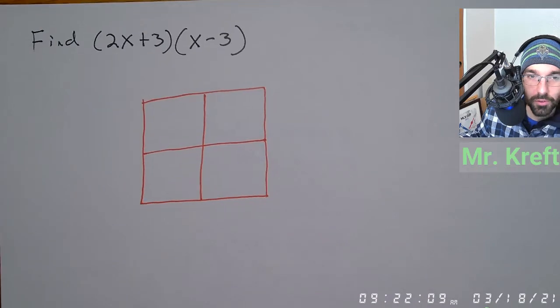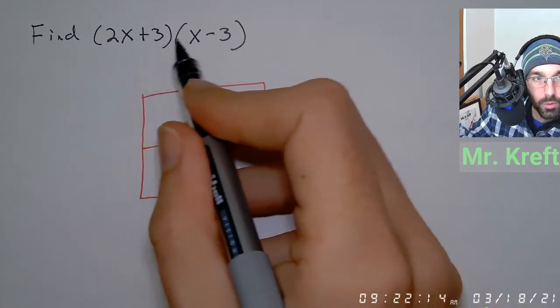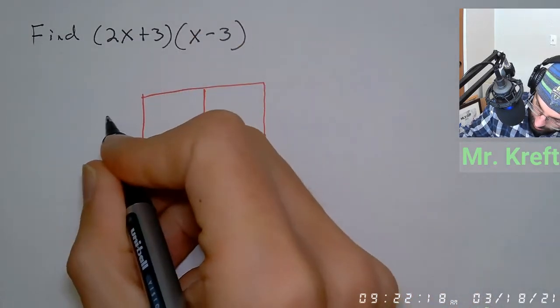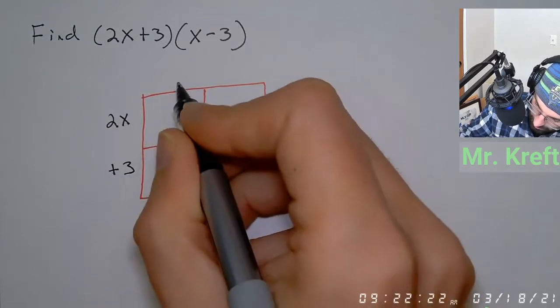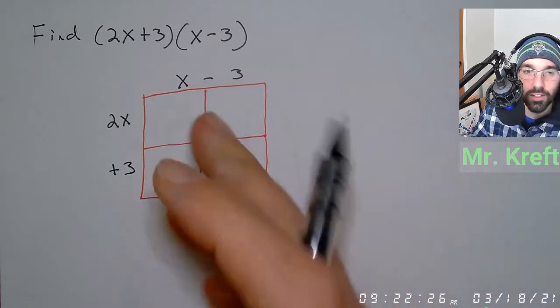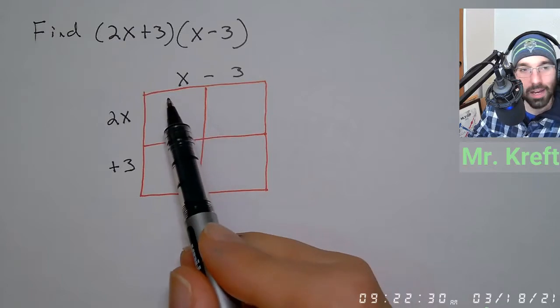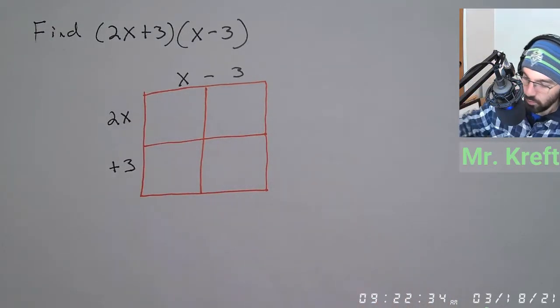Now if you're completely stuck, it doesn't matter where I put the 2x plus 3 and the x minus 3, but I might go like this. If you didn't write it this way, you're totally fine. You're going to get the exact same answer, okay? So it doesn't matter if your x minus 3 is on the top or the side.